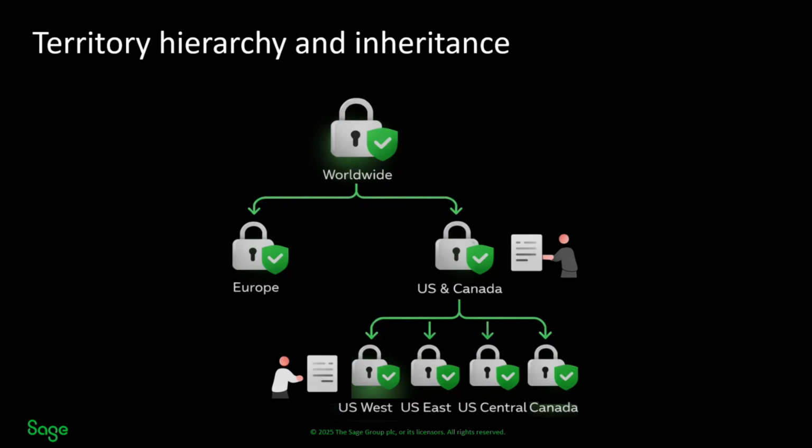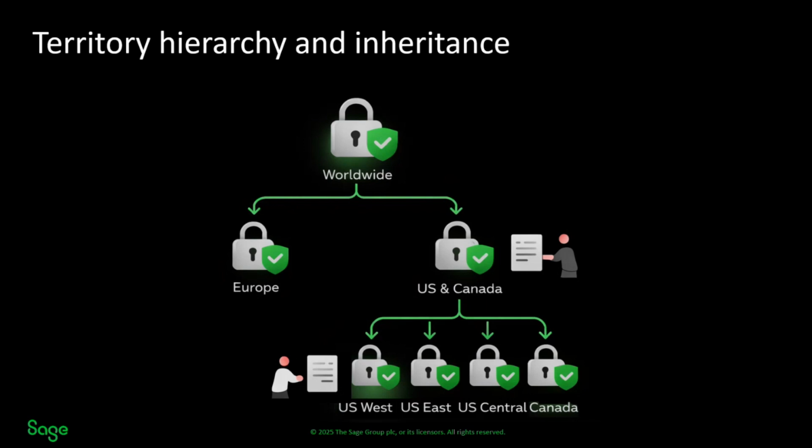Now, I explained that Susan May, because she's in US and Canada, can see all of the data labeled as US and Canada, and all of the data labeled as belonging to US West, US East, US Central, and Canada. But if we imagine another user, Brian Little, he's actually placed in the territory US West, and he can only see the data explicitly labeled as US West.